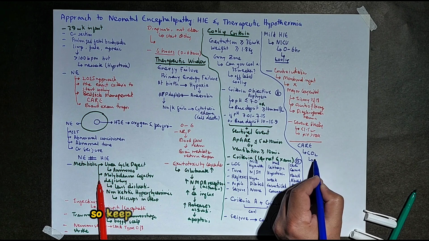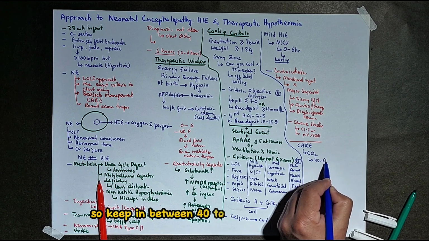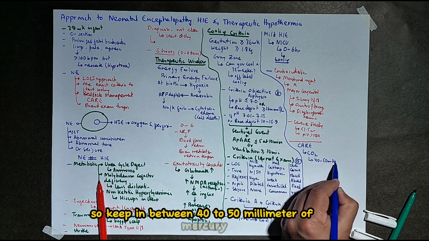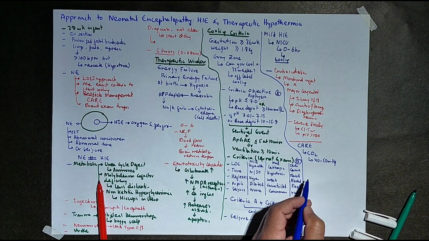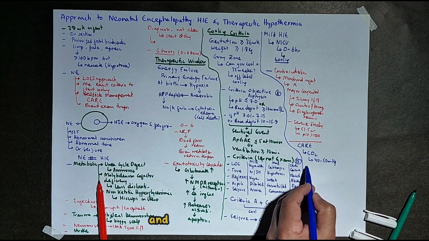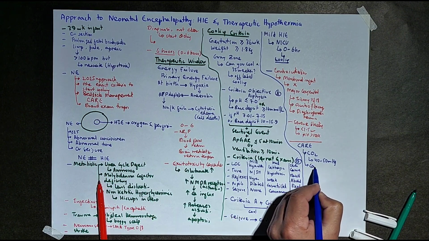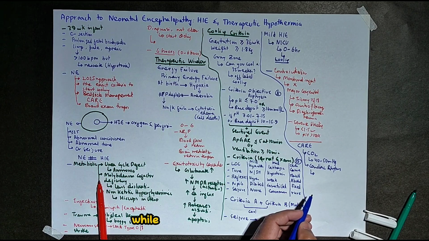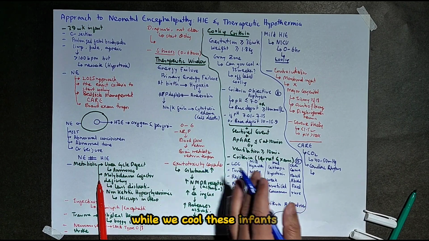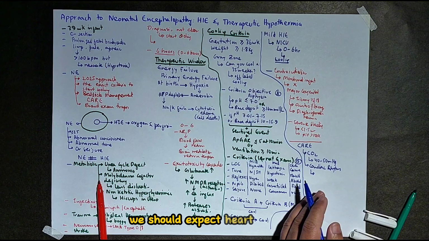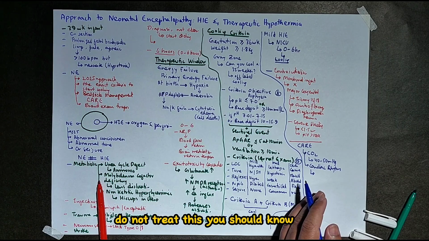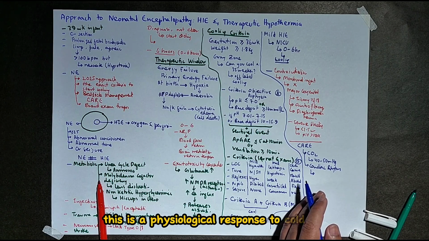So keep in between 40 to 50 millimeters of mercury. And cardiac rhythms, while we cool these infants, we should expect heart rate in between 40 to 50 beats per minute. Do not treat this. You should know this is a physiological response to cold and prolongs diastole, which is good for coronary filling.